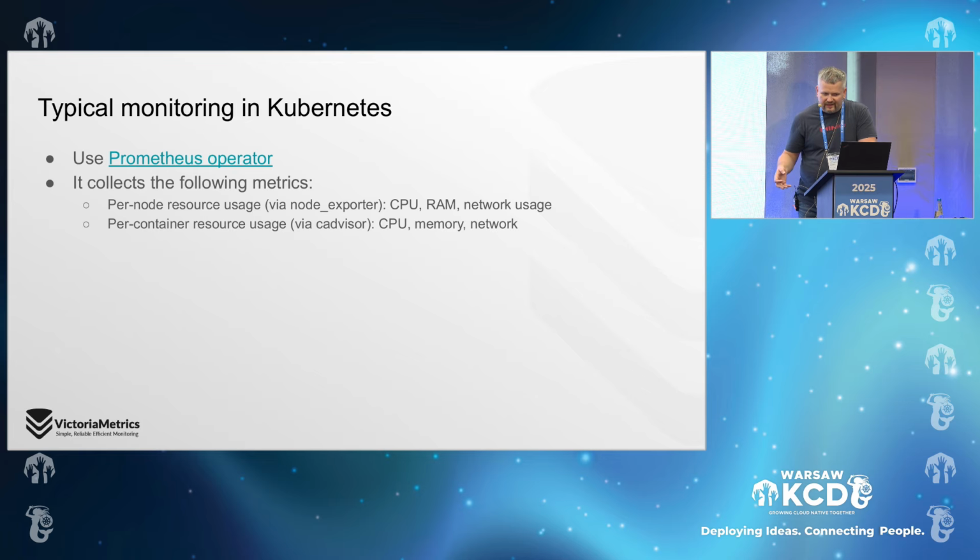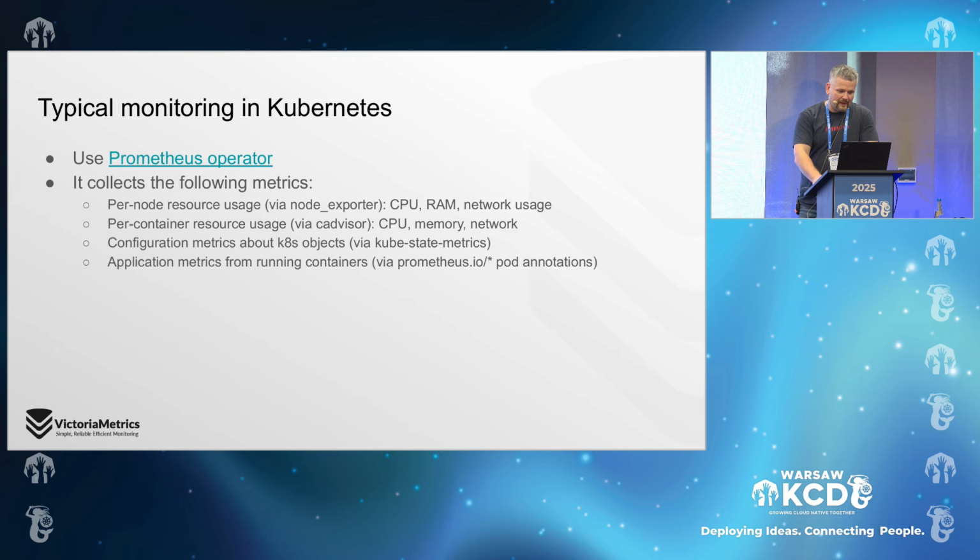It collects per-container resource usage metrics via the cAdvisor process, and per-node resource usage metrics are collected from the node exporter process. It also collects various configuration metrics from Kubernetes objects via the kube-state-metrics process, and this process usually generates the majority of metrics which are frequently unused. Let's return to this later.